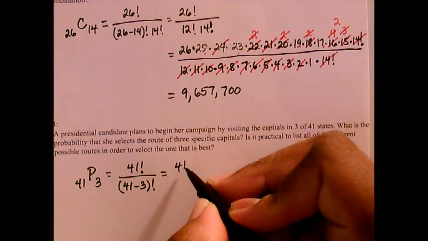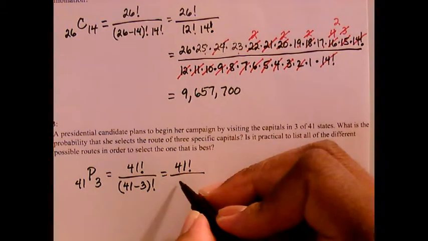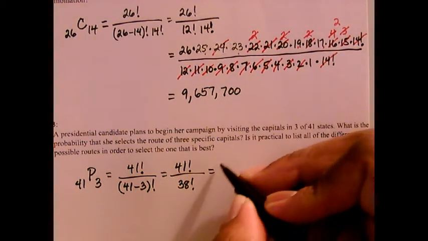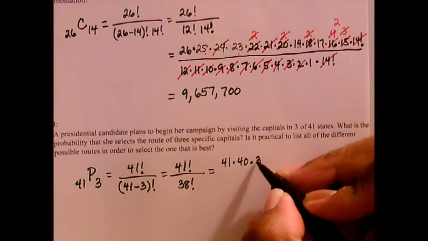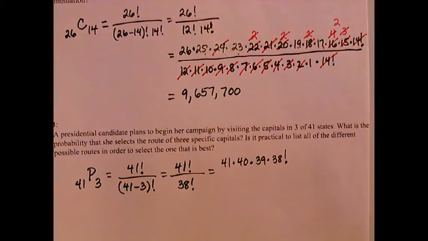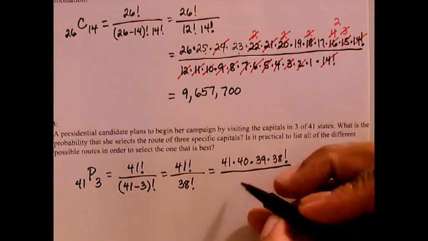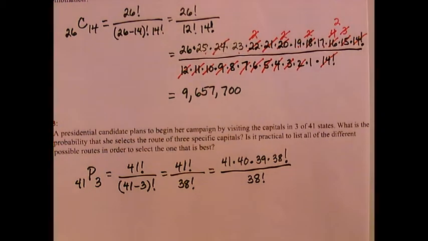Let's simplify this. This is 41 factorial divided by 41 minus 3 will be 38, so that'll be 38 factorial. Now, if you were to expand 41 factorial, you have 41 times 40 times 39 times 38 factorial. And I'll stop at 38 factorial because if you notice, in the denominator, I have 38 factorial.